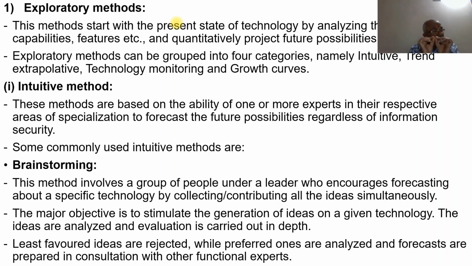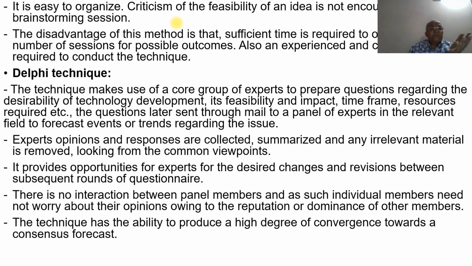Only preferred ones are considered and analyzed with a group of functional experts. Since we are doing brainstorming, it is easy to organize. Criticism of the feasibility of an idea is not encouraged during the brainstorming session, so there is no negativity here.